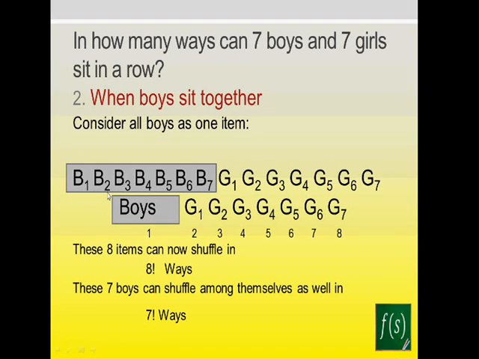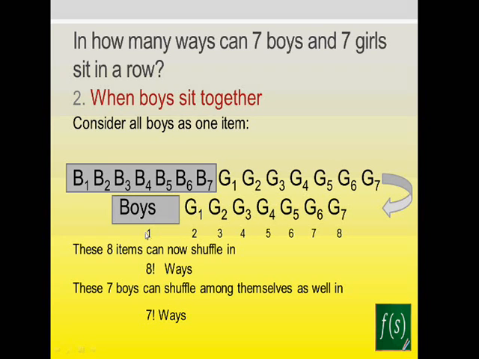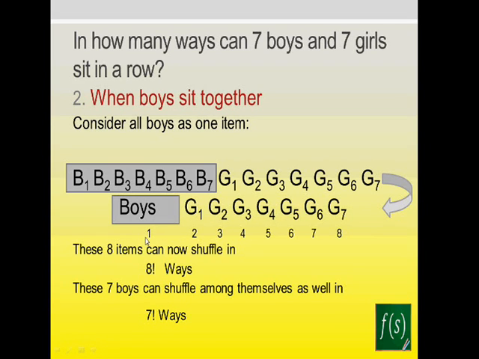So I consider all the 7 boys as one entity. Why so? Because every time you make an arrangement, these 7 will have to move together. So I have considered all these 7 boys as one entity because they will always move together. And now this makes a total of 8 entities: 7 girls and 1 entity of boys.